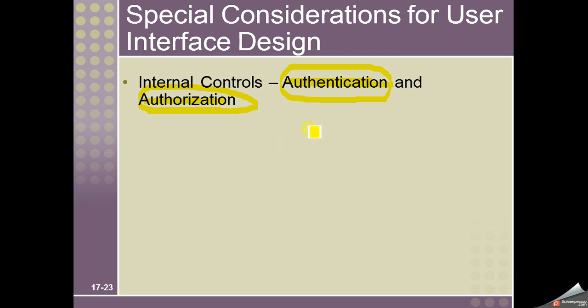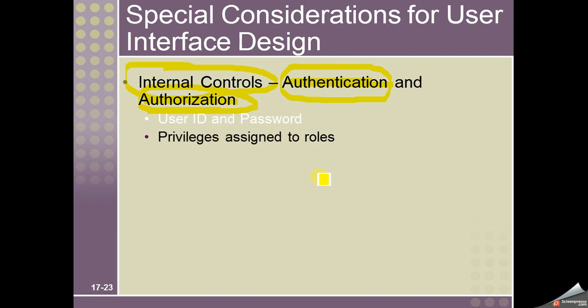So the system needs to provide a certificate to make sure that it is an authentic system, and the user, let's say, can provide a username and password to be authorized to use the system. So these are internal controls used to make sure that you are dealing with the right entity, and you are the right user with these access rights to enter the system.